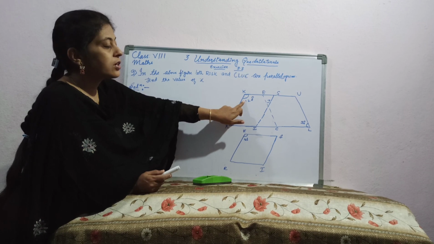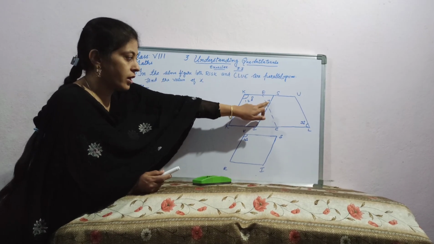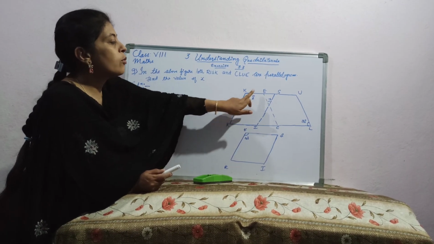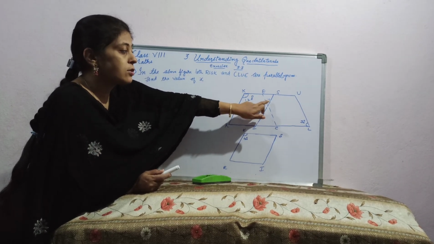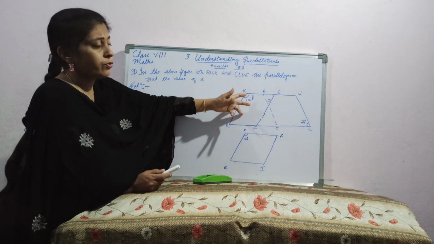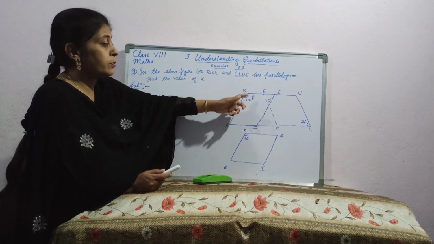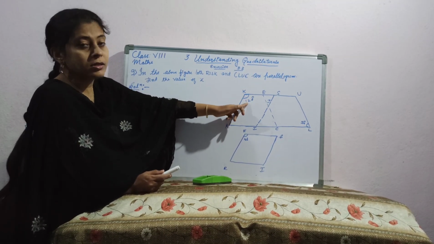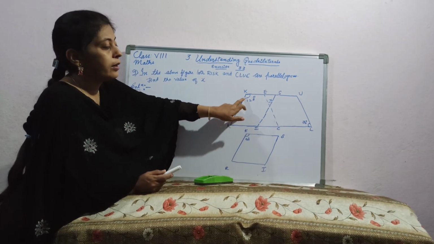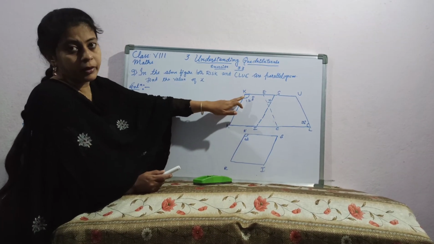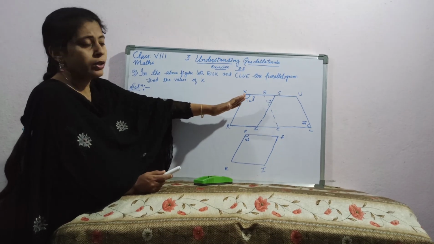As our intention is to find just the value of x, we go with this. You can go with any way as you wish, however you feel easy to find out. As you know, the properties related to the angles, that is opposite angles are equal and adjacent angles are supplementary. Any way you can go with.